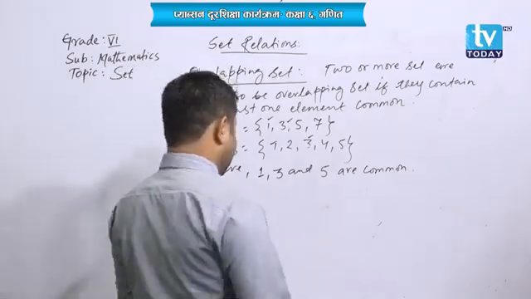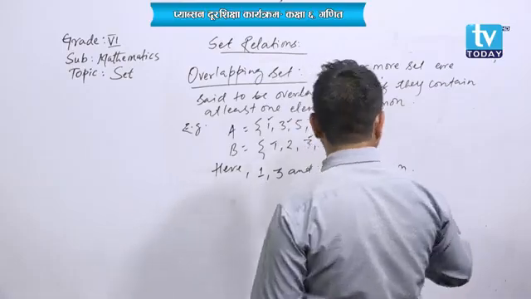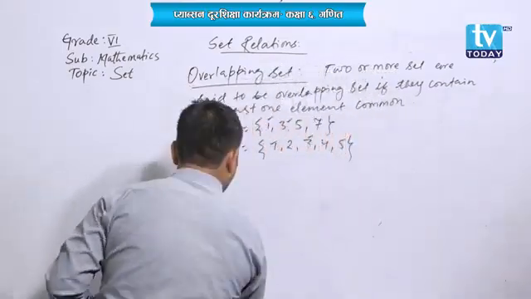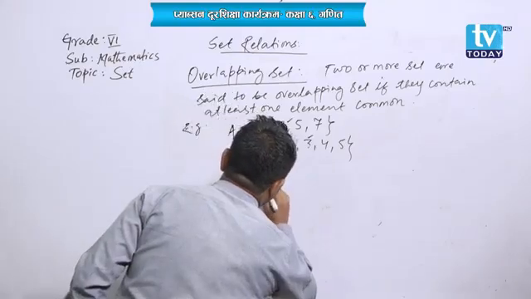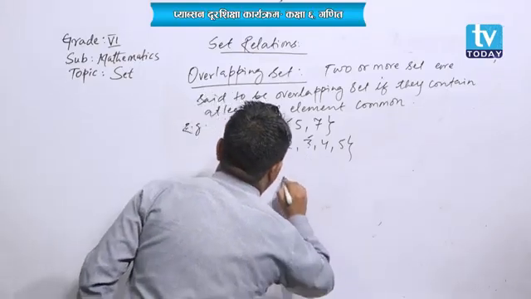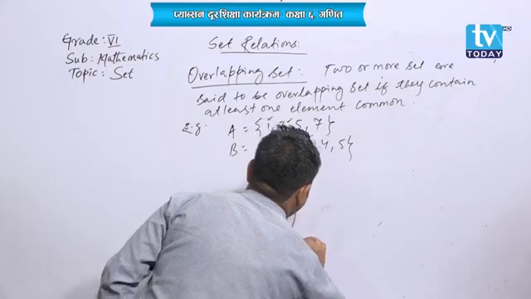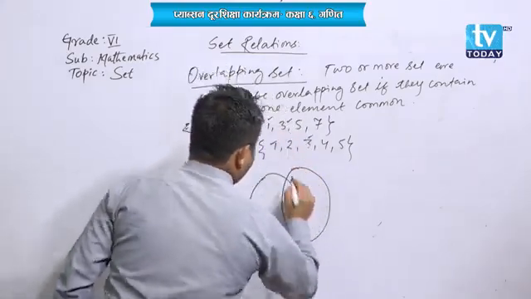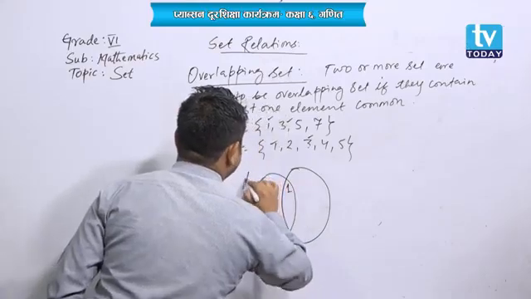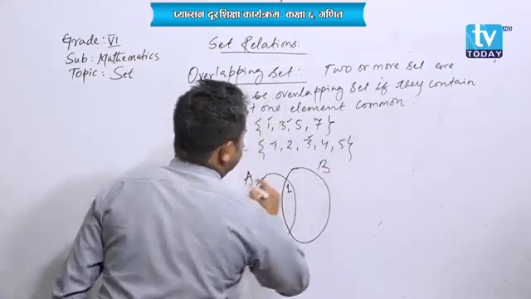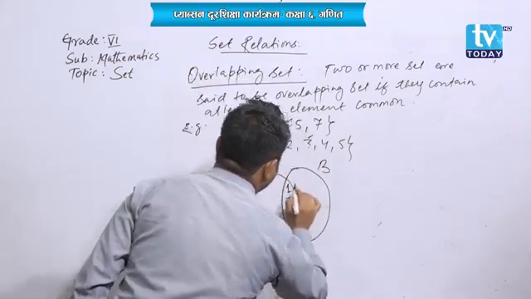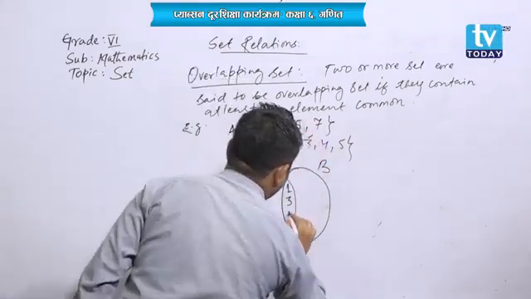Now you can represent these sets in a diagram also. Please first write the common elements in set A and set B: common element 1, common element 3 and common element 5.